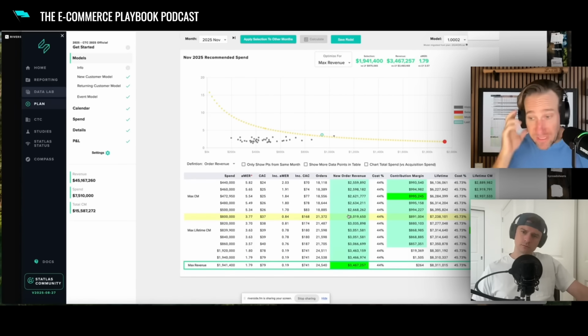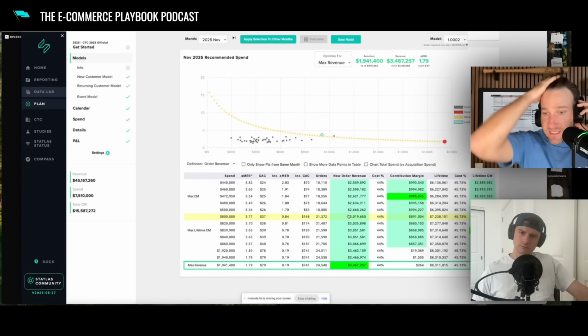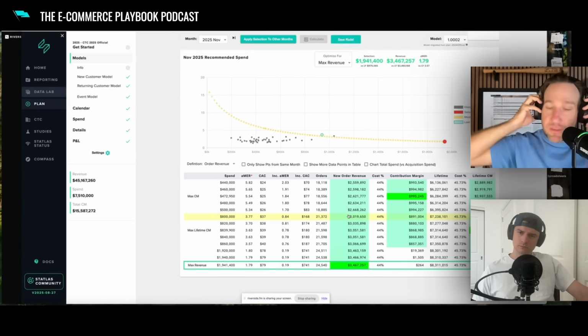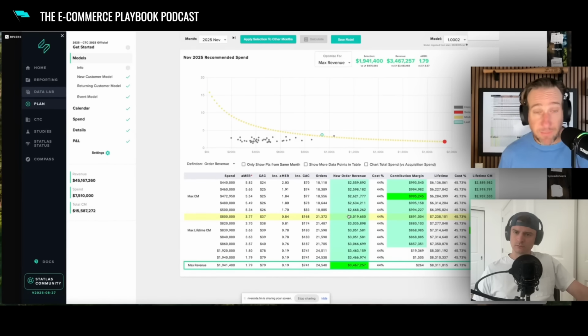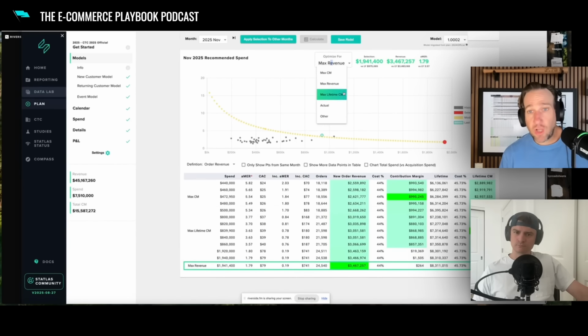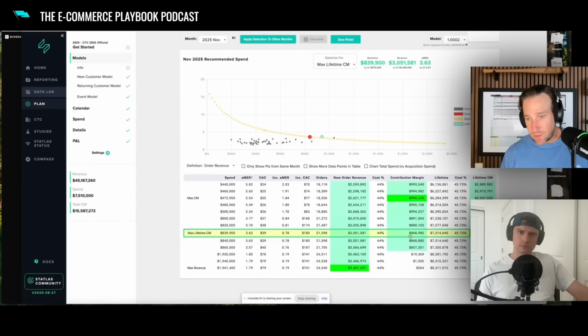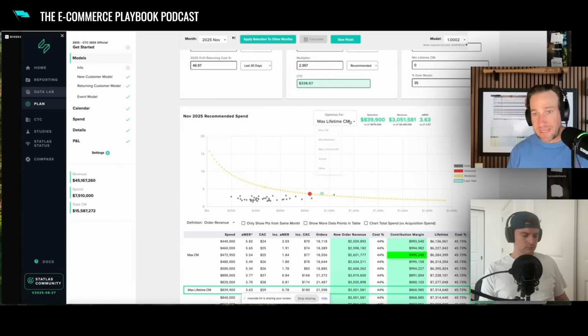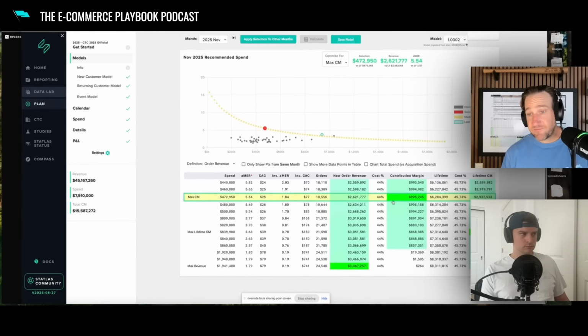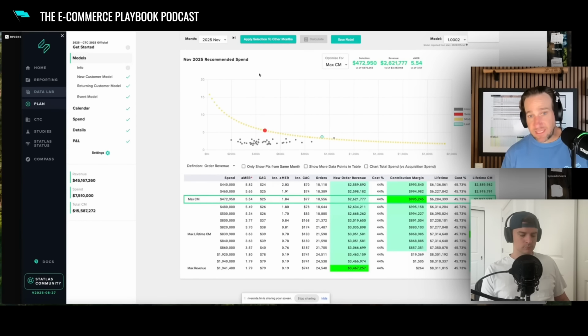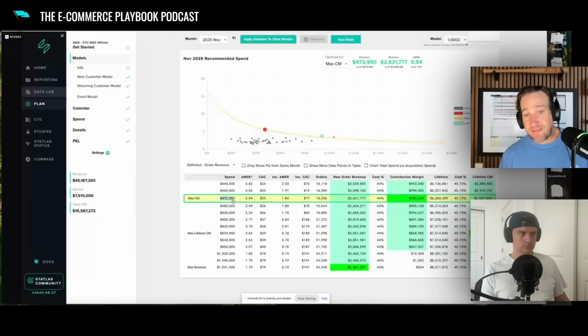Now, for most people, that's not going to be a desirable effect because they need those customers to produce some amount of contribution margin. So alternatively, we could optimize for a point on the curve where we're maximizing lifetime contribution margin in some window, and we're going to talk about that example in a second, or maximizing first order contribution margin. So you can see at this point on the curve, spending $470,000 at a 5-to-1 aMER, you're going to produce $1 million in contribution margin.